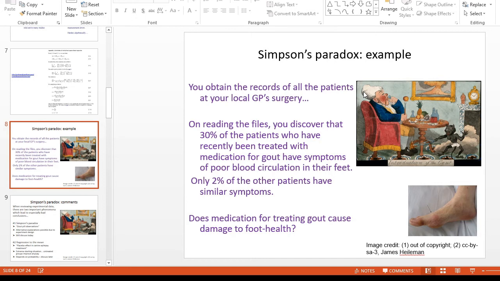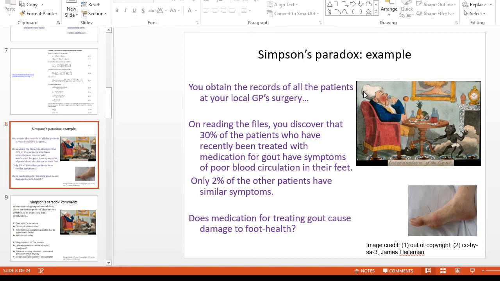And one of the things you observe, this is quite an interesting conclusion, is that you think you discover that 30% of the patients who have recently been treated with medication for gout have symptoms of gout, such as poor blood circulation in the feet, whereas only 2% of other patients have these symptoms. And you think to yourself, does this mean that the medication for treating gout is actually causing gout?